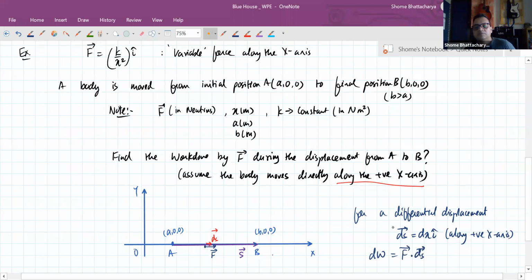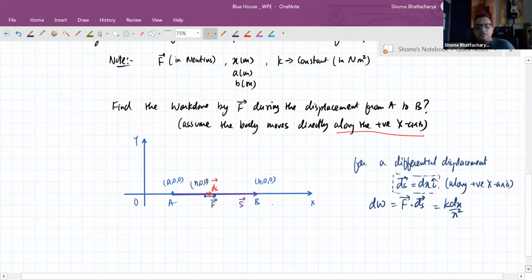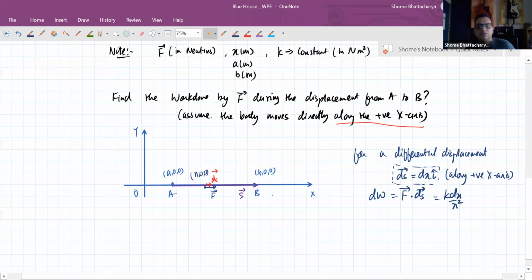Now look at this displacement vector and compare it with the force. So you can see that this becomes k dx upon x square. So from some x coordinate, if it is making a displacement of dx along the positive x-axis, how much is the work done during that very small displacement? It is f dot ds given by this.